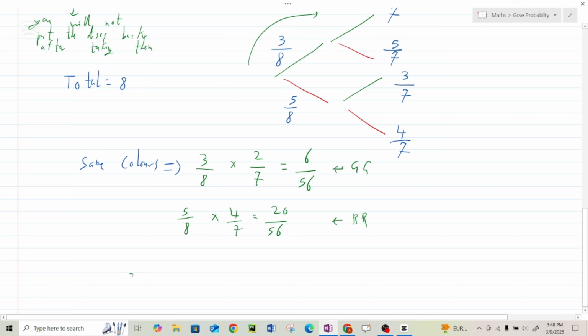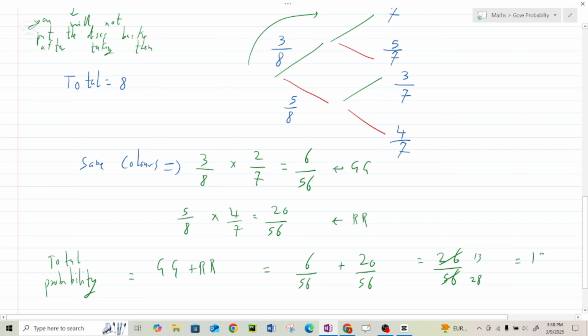So, same color is going to be green, green plus RR. Total probability is this. Now, 6 divided by 56 plus 20 divided by 56, we get 26 divided by 56. If we simplify it, 2 times 13, 2 times 28, that is our final answer, 13 divided by 28.